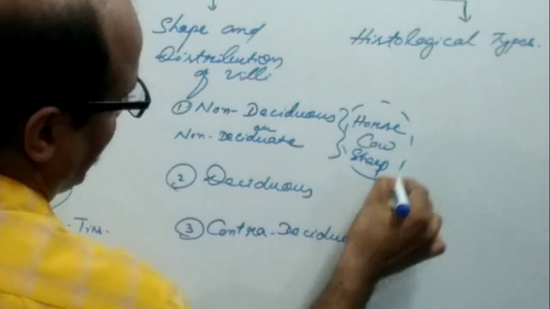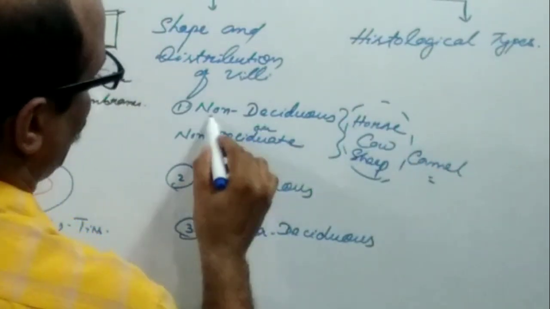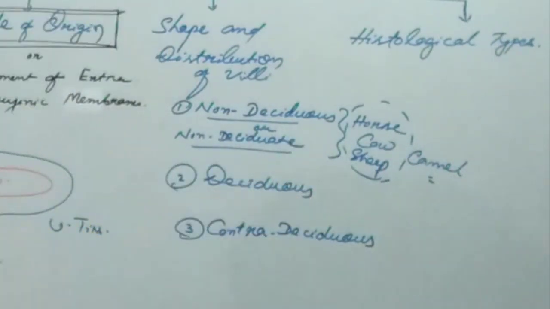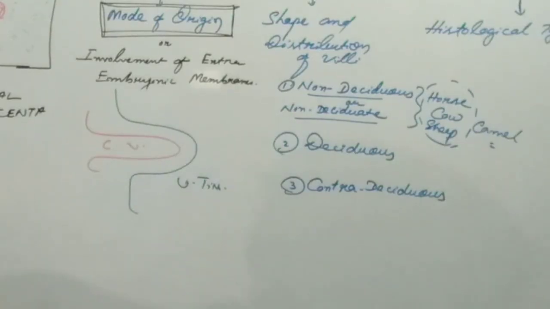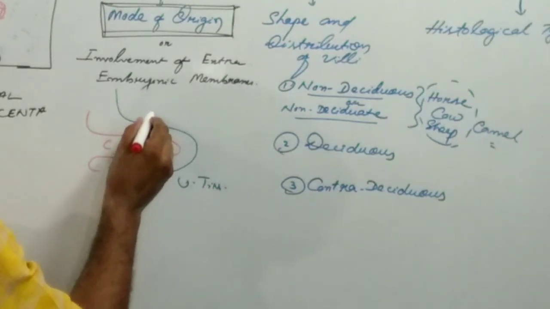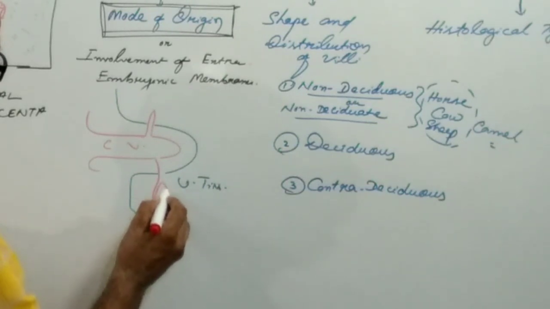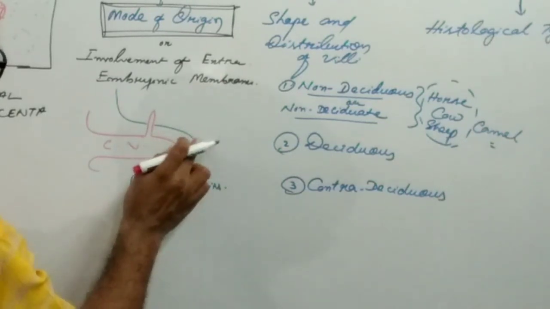These are some of the examples of the non-deciduate type of placenta. And in the case of the deciduous type of placenta, there is some intimacy. The chorionic villi form branches. The branching of chorionic villi may take place.